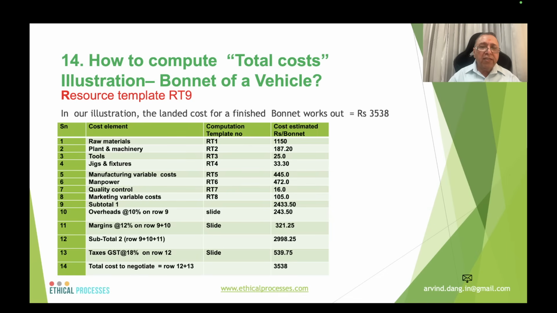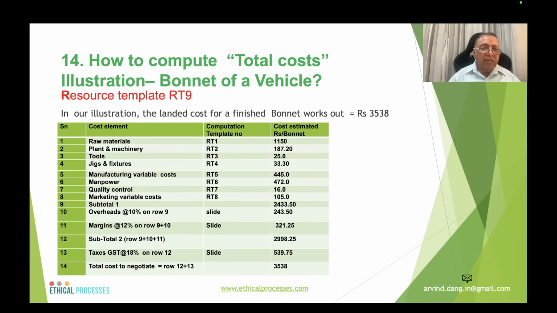And if you take overhead at the rate of 10% on row number 9, which is the subtotal, it's 243.50. Then we compute the margin at the rate of 12%, which is based on the subtotal cost and the overheads, which works out to be 321.25 in row number 11. And then the subtotal of rows 9, 10, and 11 works out to 2998.25 rupees.